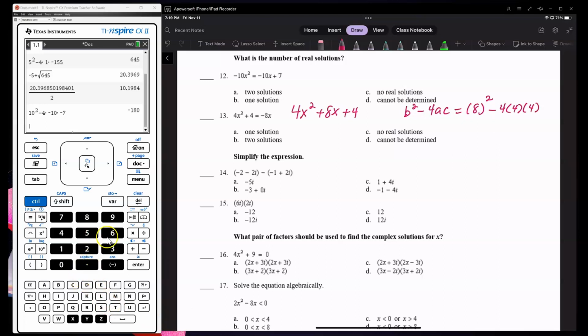So we have 8 squared minus 4 times 4 times 4, and that gives us 0. So when it does equal 0, it's only going to be one answer, one solution.